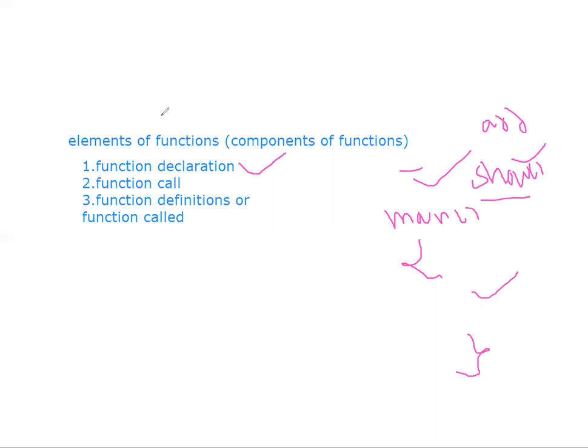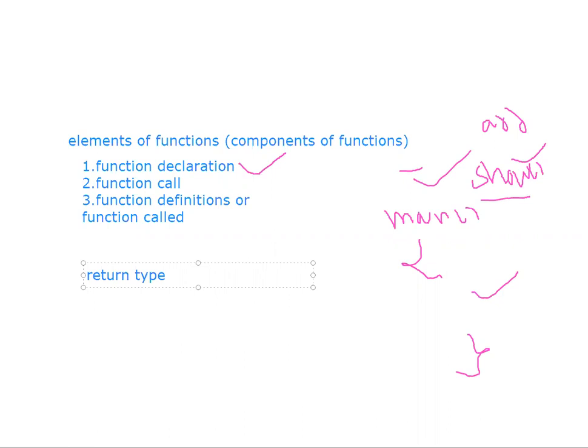So the function declaration syntax: return type, function name, parameter list. We know what return type is. A function may return a value, meaning which type of value it returns, like integer type, character type, or float type.